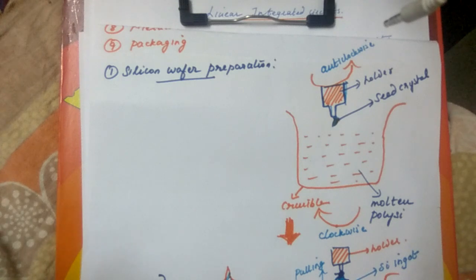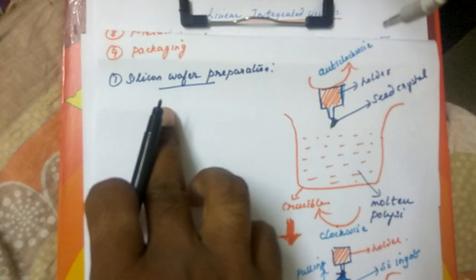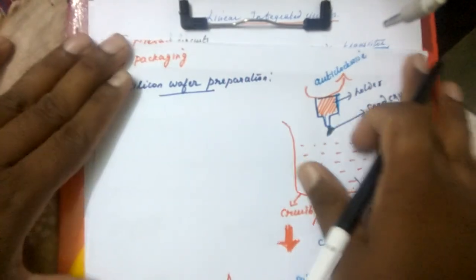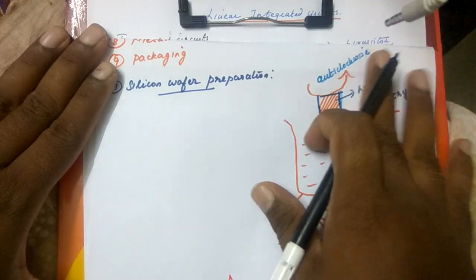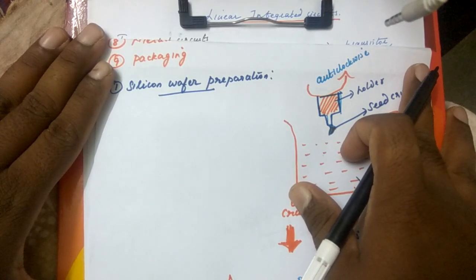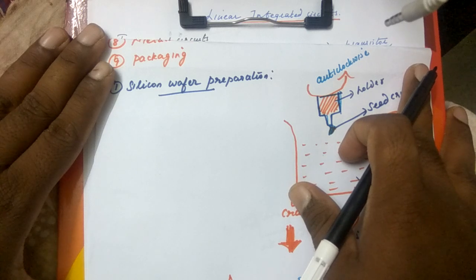The wafer is made of silicon. Silicon wafer preparation is a very difficult process, and it is not done in most countries. Very few countries are manufacturing the silicon wafer, so other countries are buying those wafers.